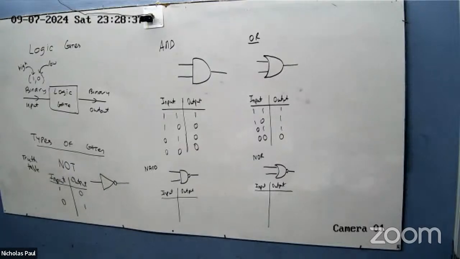They are opposite, right? So see if you can figure out what the NAND and the NOR look like. We can figure it out through a truth table.